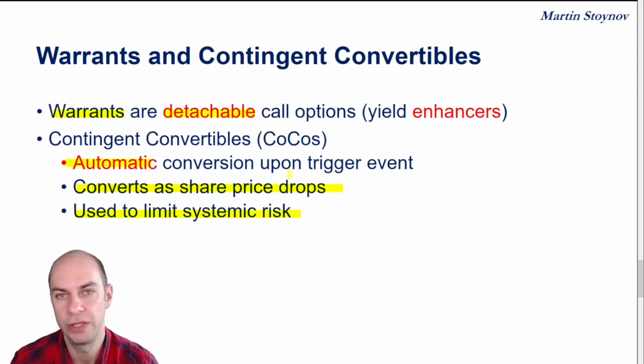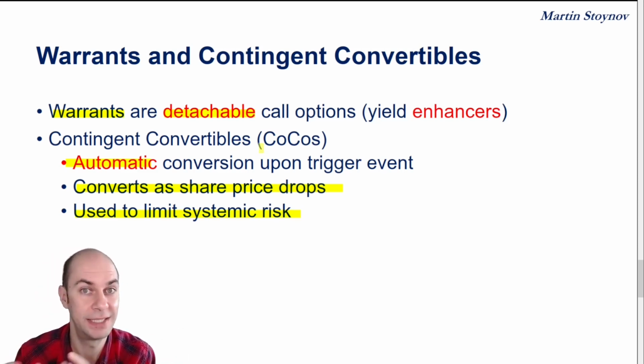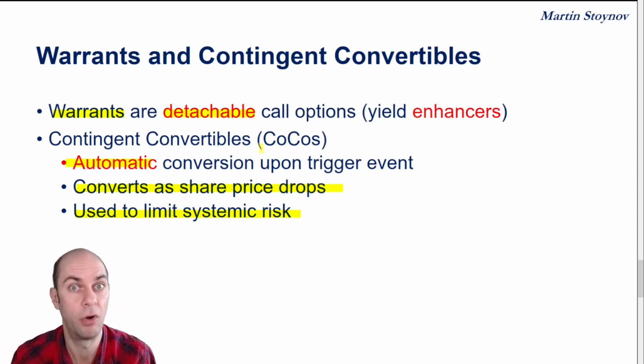Because the debt will convert into equity and allow the bank to have an additional equity cushion, the intention here is to try and limit systemic risk. Remember, don't confuse systemic and systematic risk. Systematic risk is exposure to the market. Systemic risk is the risk of a system failure, perhaps because of interconnectedness or because of a large player defaulting.